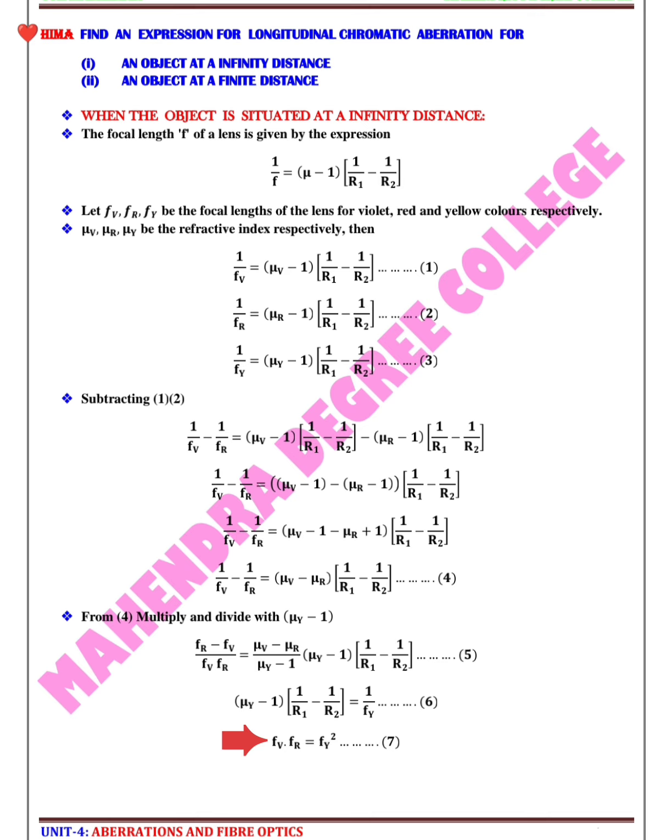That is, Fv Fr equals Fy square. This is equation number 7.